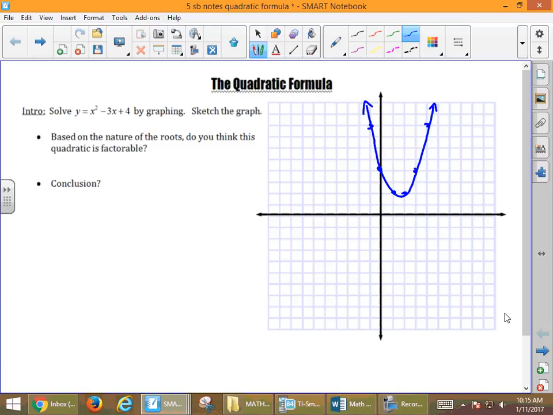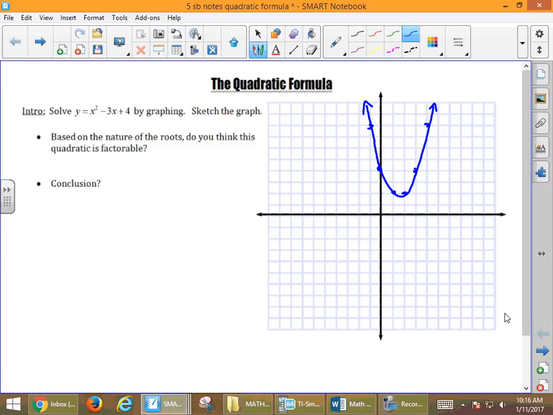And it says, based on the nature of the roots, do we think this quadratic is factorable? Well, maybe I should have asked a more obvious question first. What are the roots of this quadratic? Jordan? None, he says.